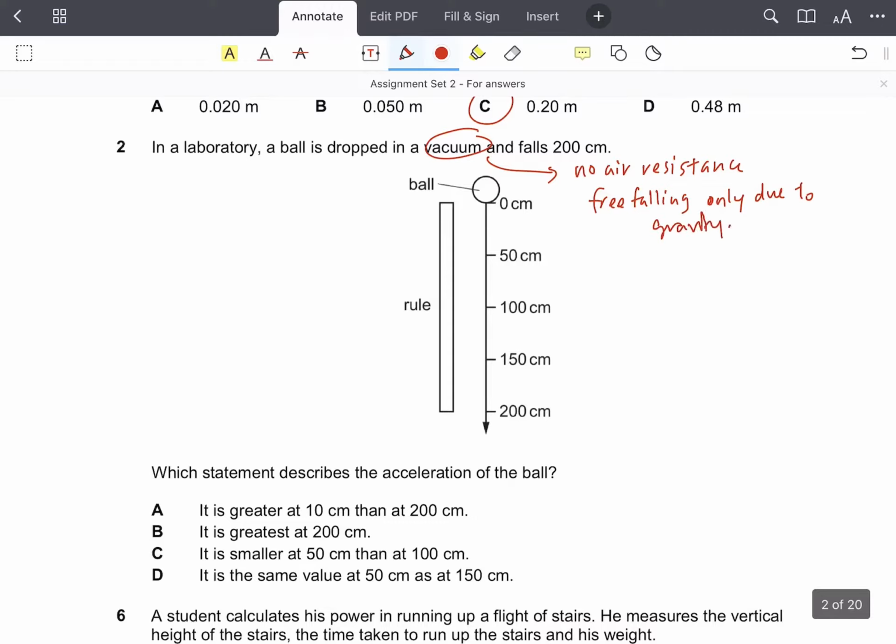Okay, so when you are free falling due to gravity, what does it mean? It means your acceleration is always equal to g, which is always equal to 10, regardless of where you are at any part of the journey. So whether it is 0, 50, 100, 150, 200, it is always 10. So it is the same value.